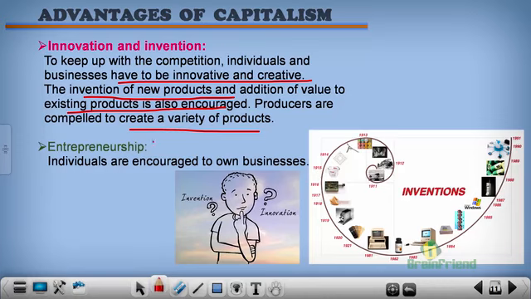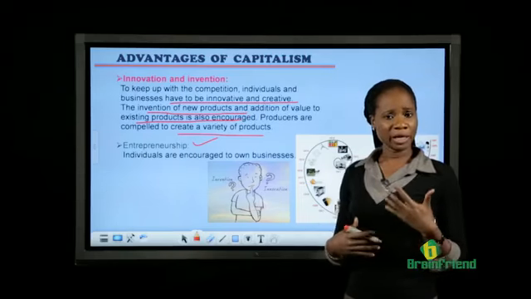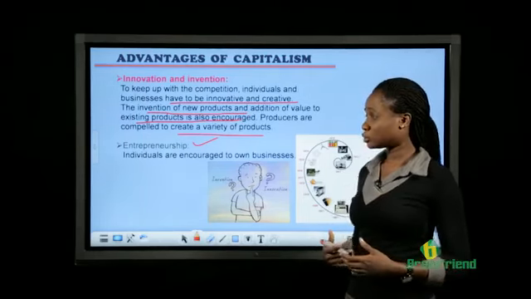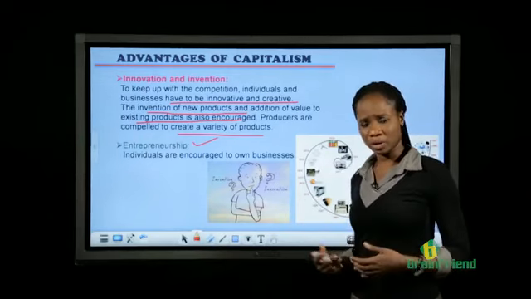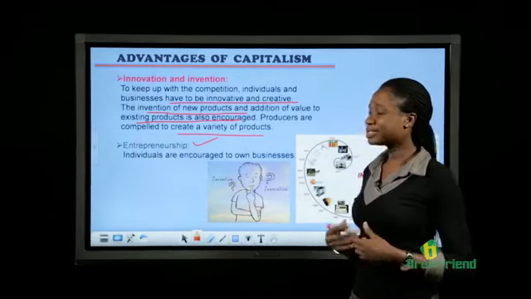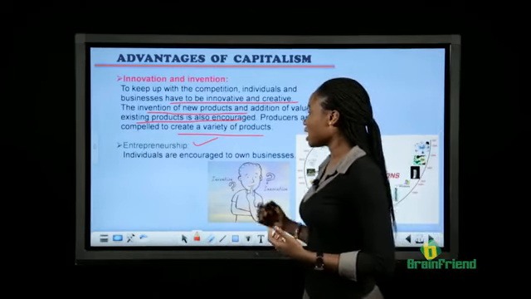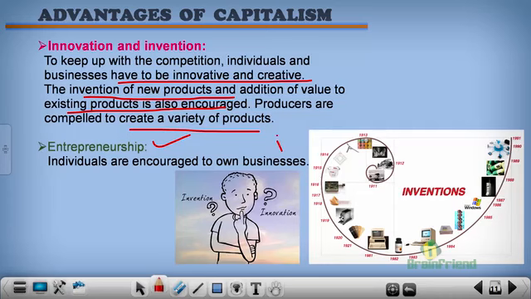Another point to note is entrepreneurship. An entrepreneur is one who sets up a business, takes up the risk, all in a bid to make profit. And so this is one thing that capitalism encourages. It encourages individuals to set up businesses, take up risks concerning those businesses, and also make profits at the end.